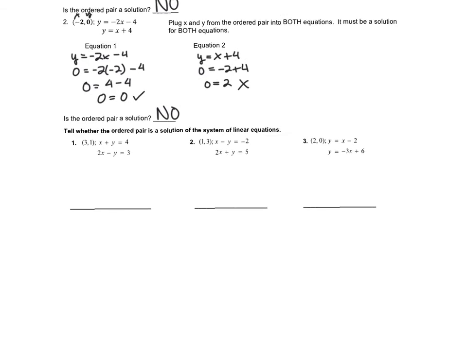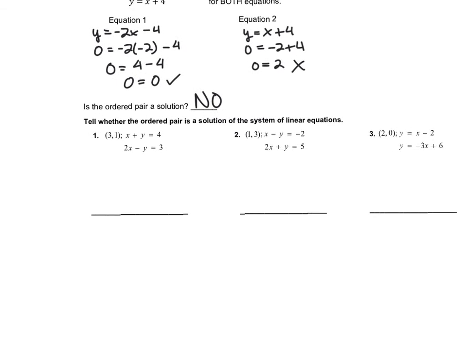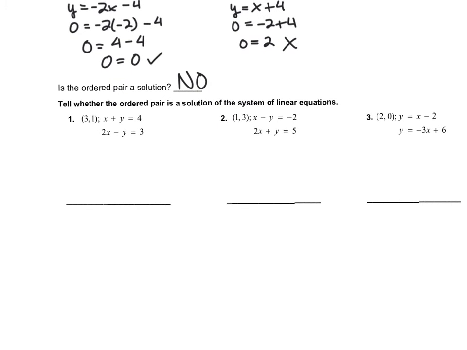So at the bottom, for number 1, we are going to see if (3, 1) is a solution to this system. So we're going to plug in 3 for x, 1 for y. So 3 plus 1 equals 4. 4 equals 4. Yep, that works.